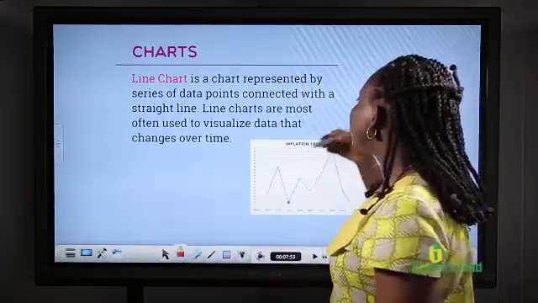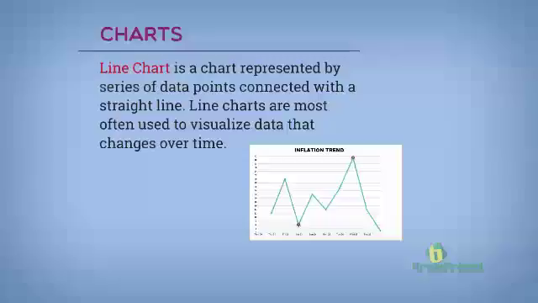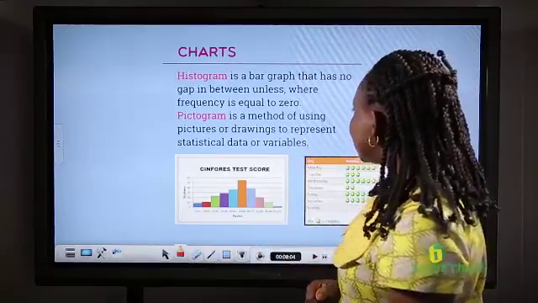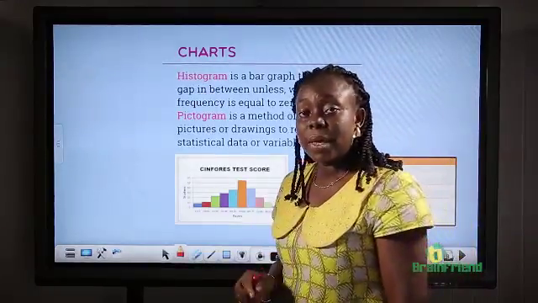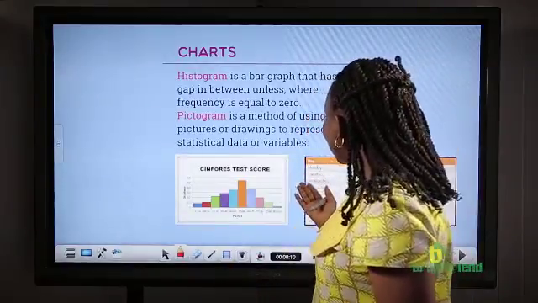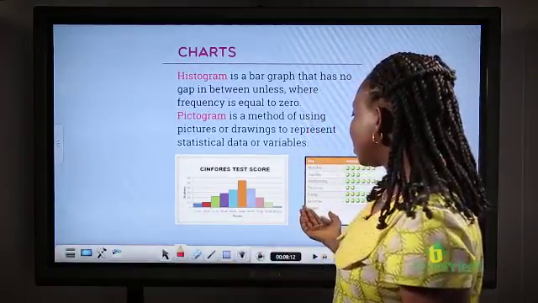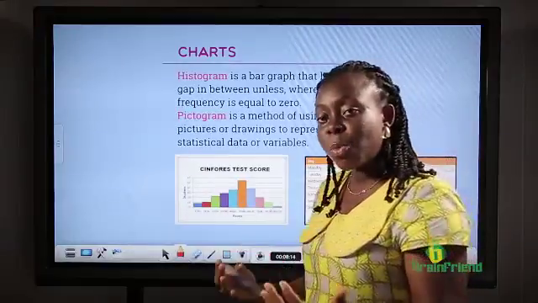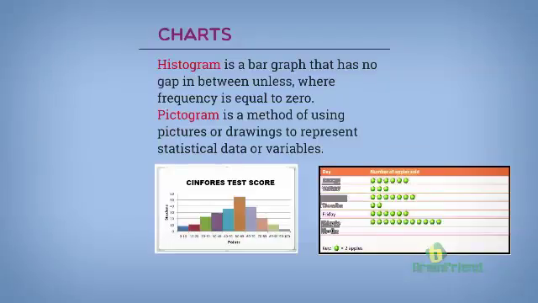Any activity that changes over time is best represented using a line chart. Another chart is the histogram. A histogram is used to represent situations that are in a group format. It's best represented using a histogram.